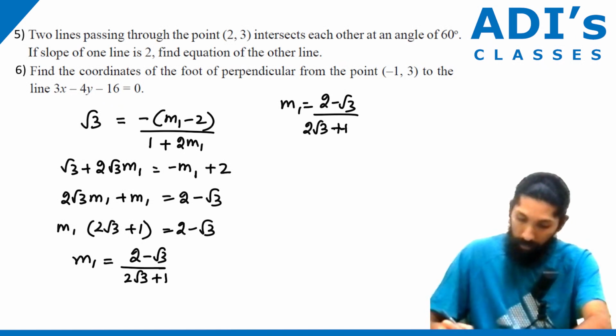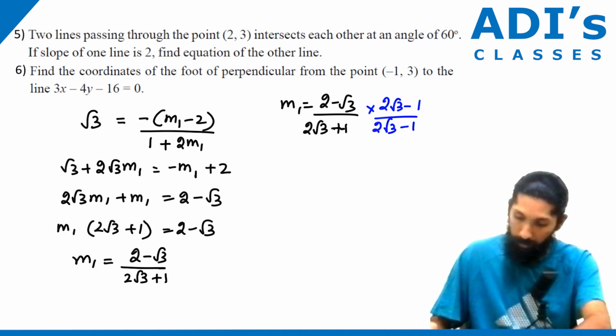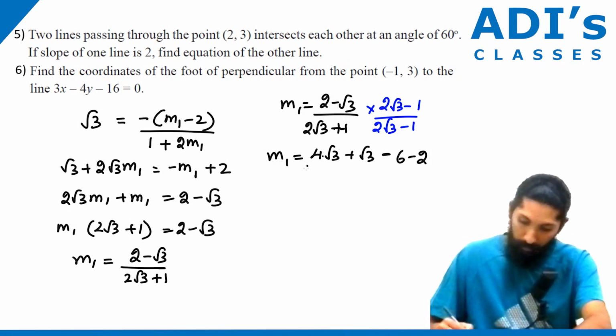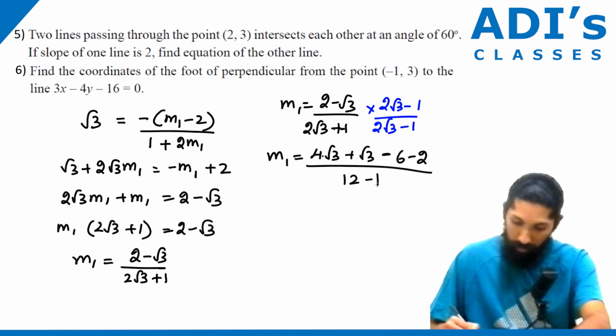Again, multiply and divide by (2 root 3 minus 1). So here when you multiply, m1 is equal to 2 into this is 4 root 3, plus root 3. Next, this into this is minus 2 into 3 is 6, then minus 2, divided by 12 minus 1. So m1 becomes (5 root 3 minus 8) divided by 11.